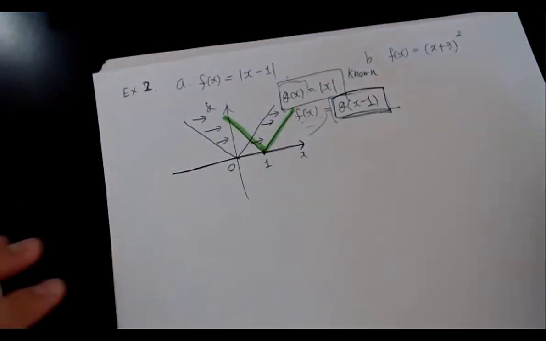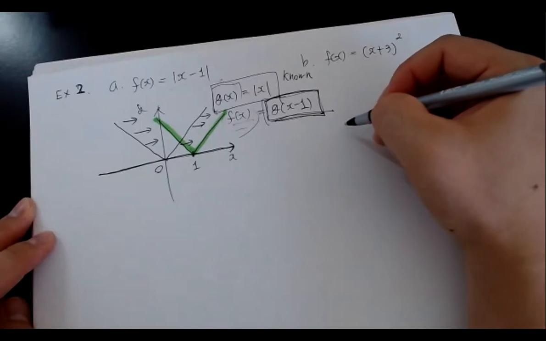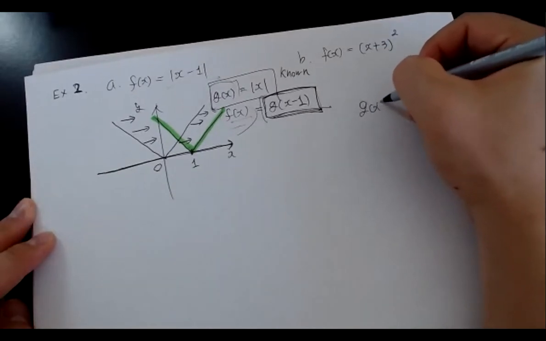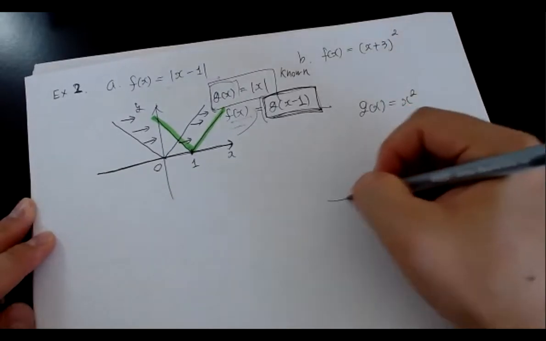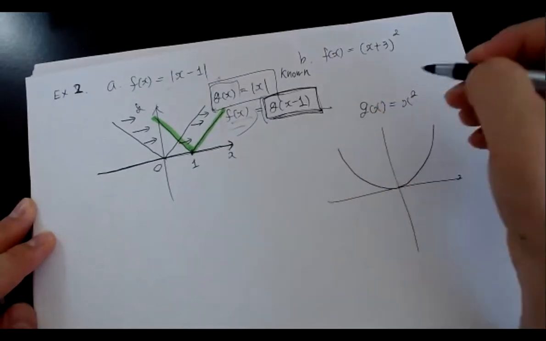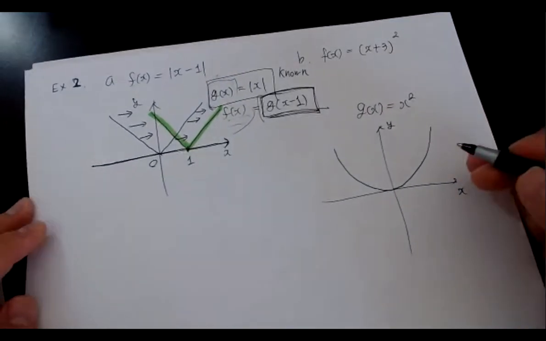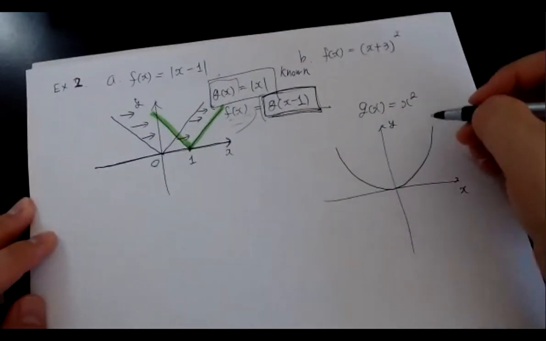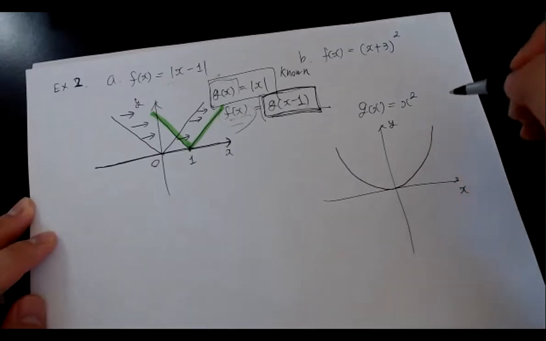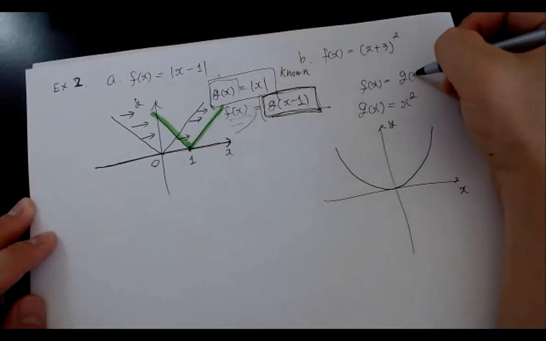Then what about x plus 3 squared? We start from the graph of the x squared function. The graph of x squared is this, right? Y-axis, x-axis. Then f of x is equal to g of x plus 3, right?